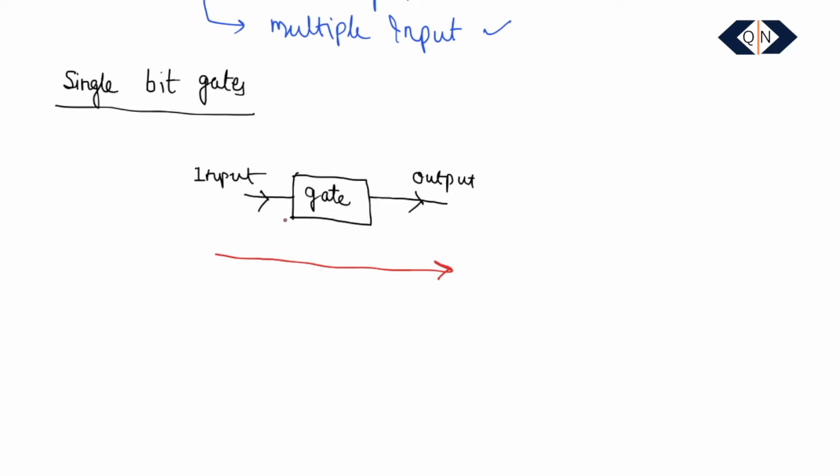We will be solving our gate problems from left to right, not right to left. In quantum gates we can sometimes do so, but not in the case of classical gates. We always have to move from left to right.